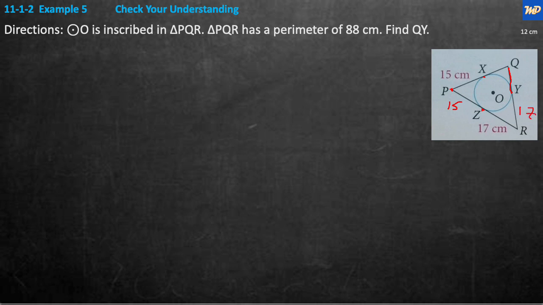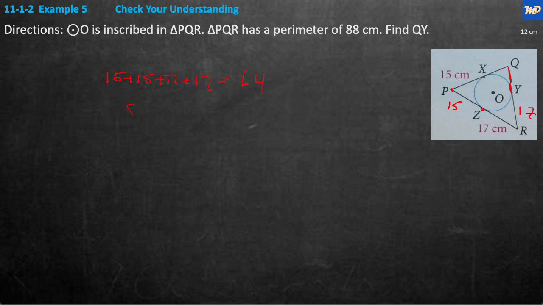What we don't know is QX and QY. But we can add up 15 twice and get these pieces, and 17 twice and get these two pieces, and then what we're missing are these two pieces. So if we take 15 plus 15 plus 17 plus 17, that equals 30, 34, 64.